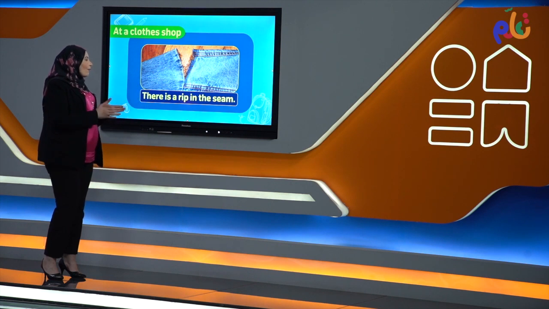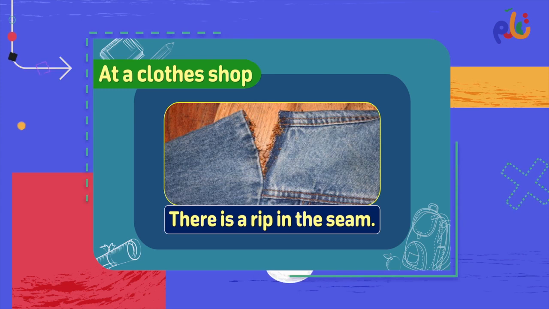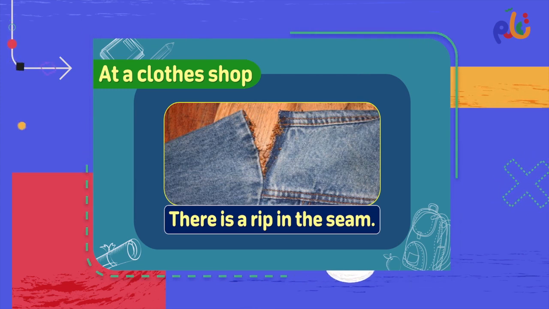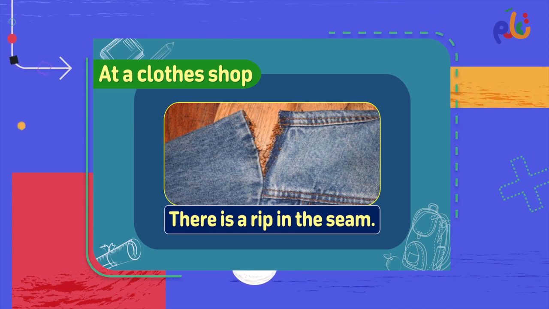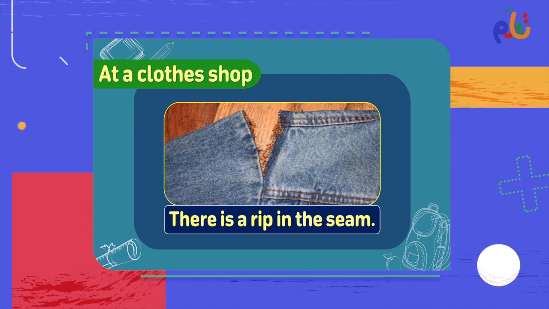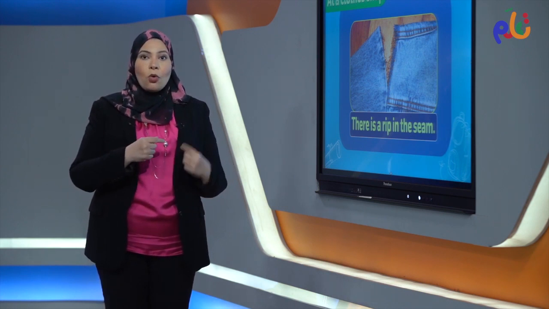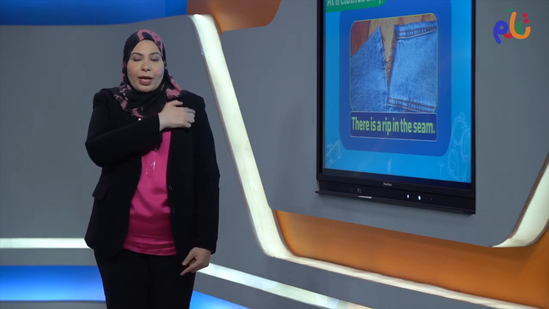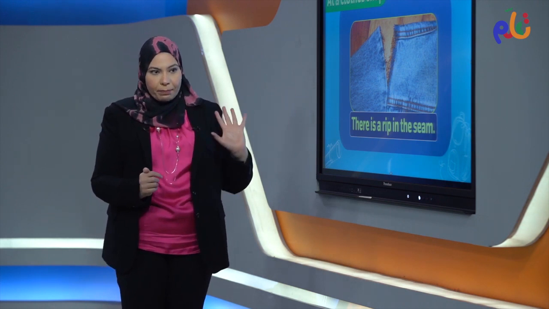And we also have, there is a rip in the seam. The seam is the area which joins two pieces of clothes together. What do we mean by that? If we're talking about the piece that joins, for example, the sleeve to the jacket, this area where we have the sleeve joined to the jacket is called the seam.